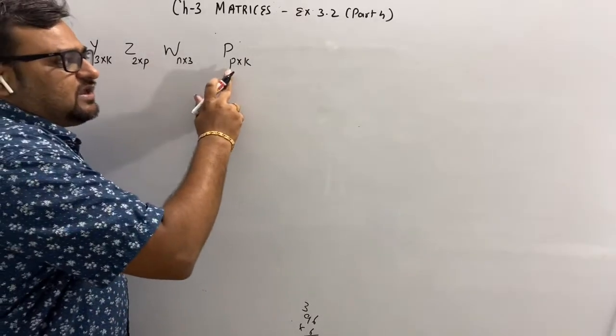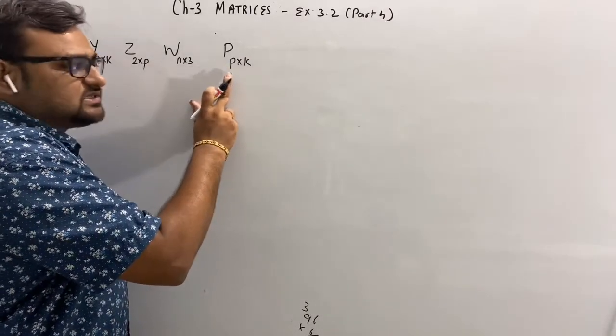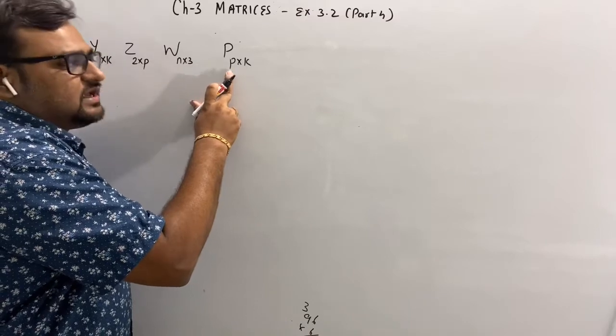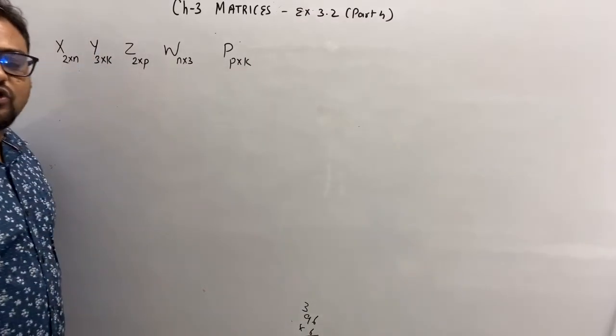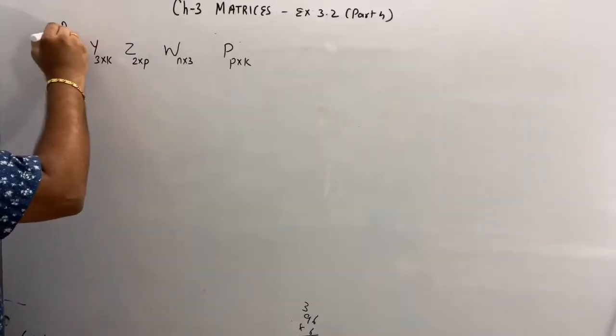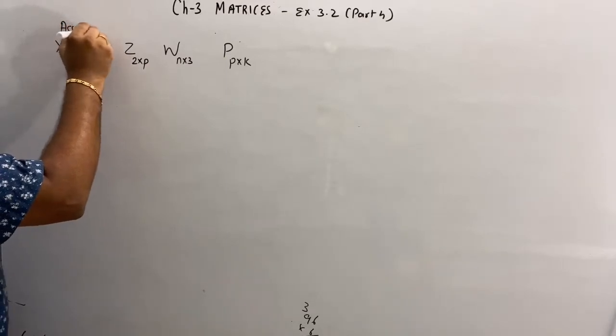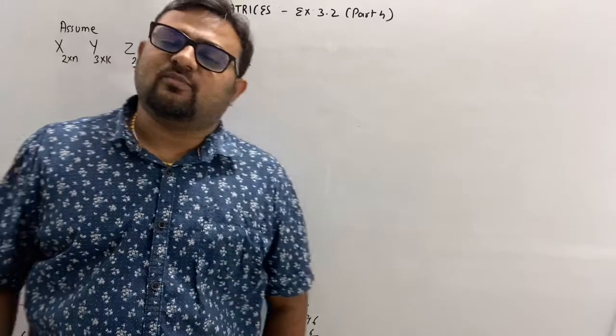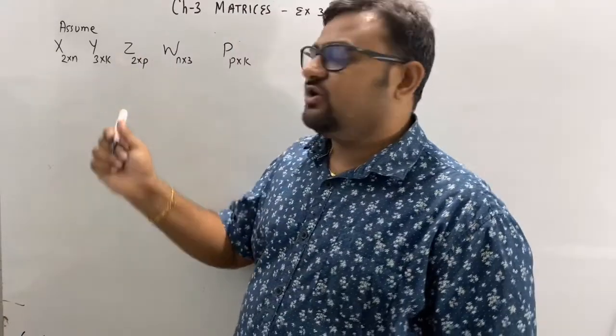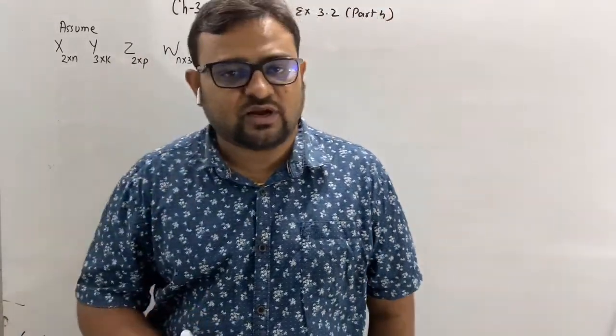If it is P cross K, means matrix P has P number of rows and K number of column. So you have to assume this. Okay, and then based on this information, you have to solve MCQ 21 and 22.